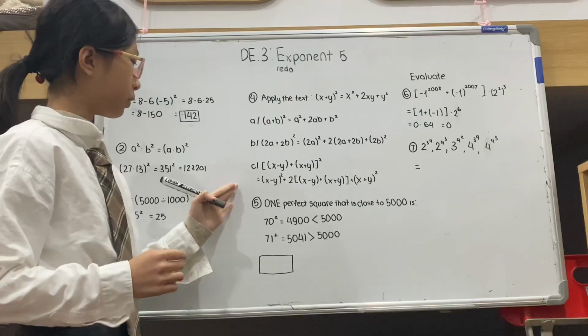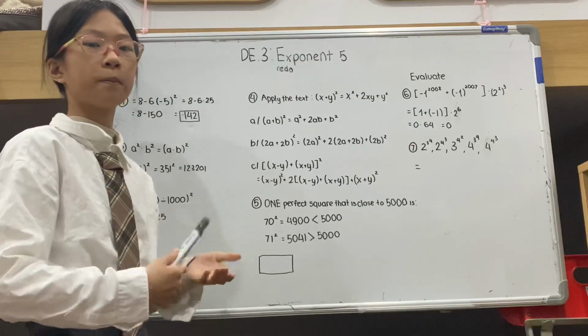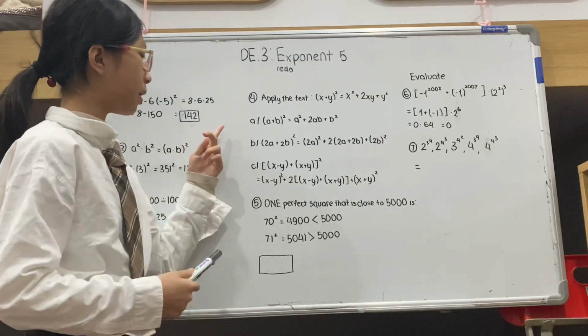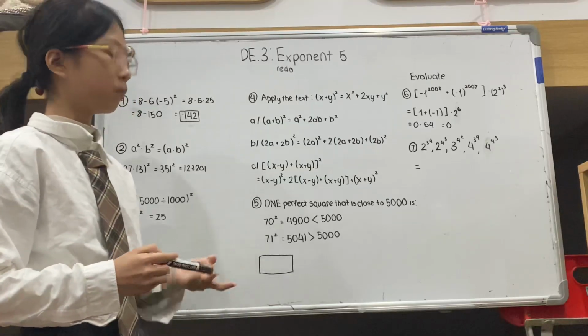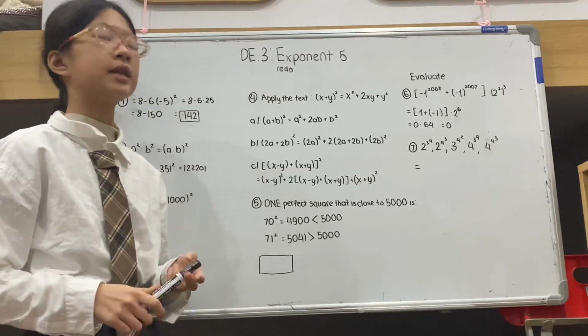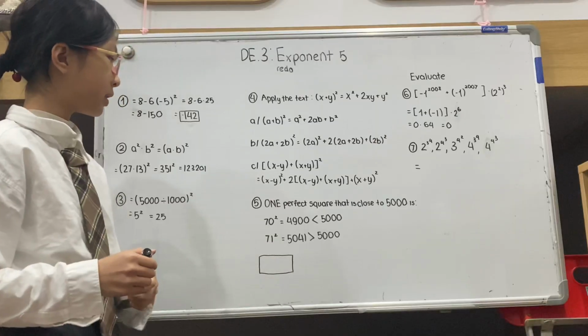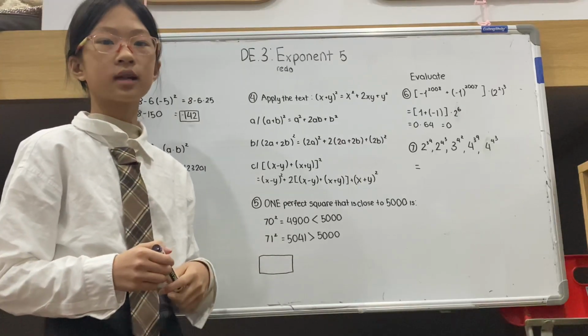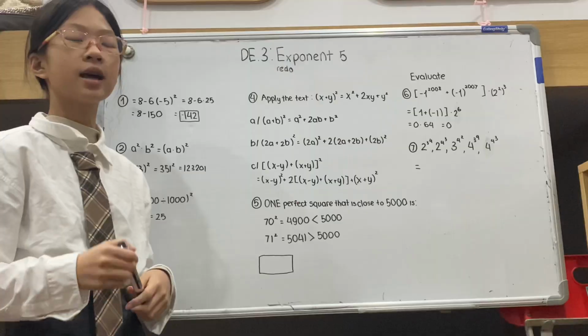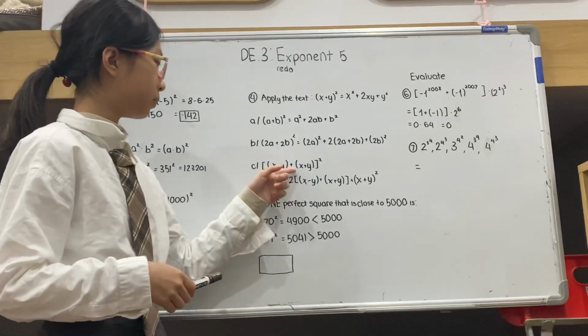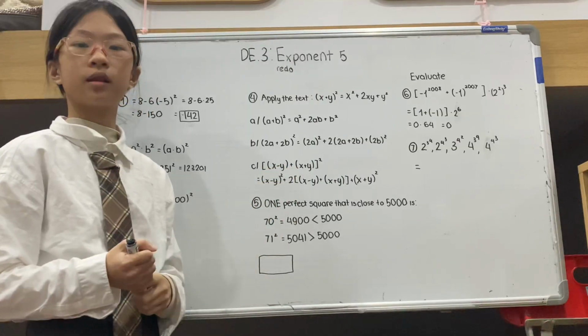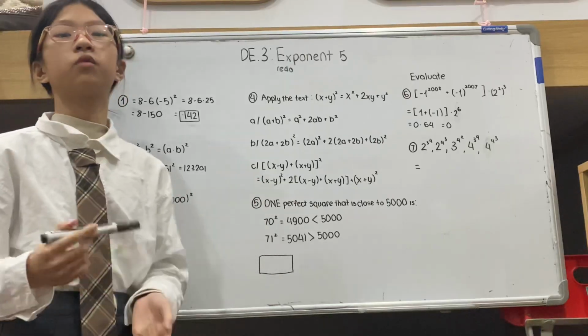In the next one, we got C. C is the most complicated one in number 4. We got brackets and parentheses here. Open brackets, open parenthesis, x minus y, close parenthesis, plus open parenthesis, x plus y. Yeah, you can read the question on your own.